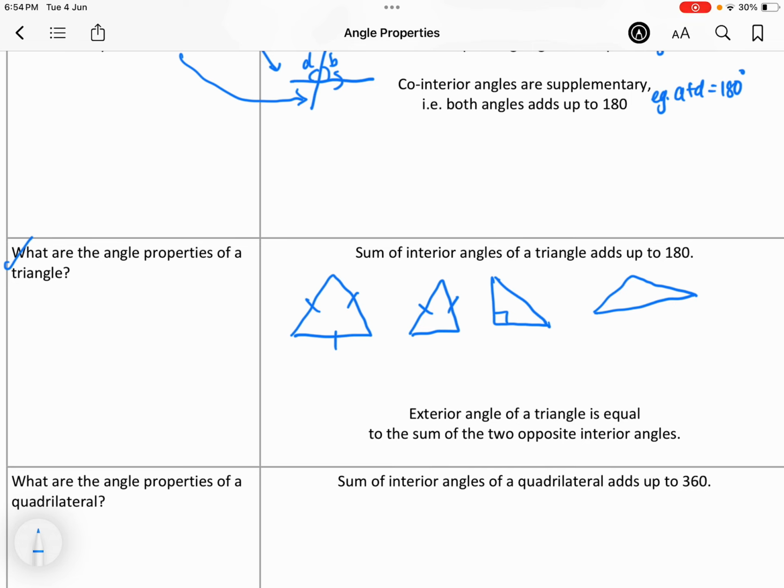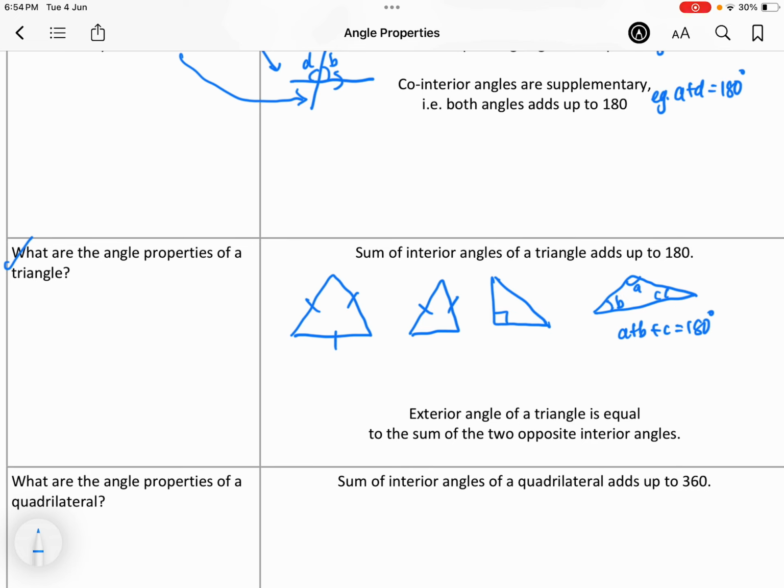All of these add up to 180 degrees. So A plus B plus C is equal to 180. A triangle always has 3 angles.